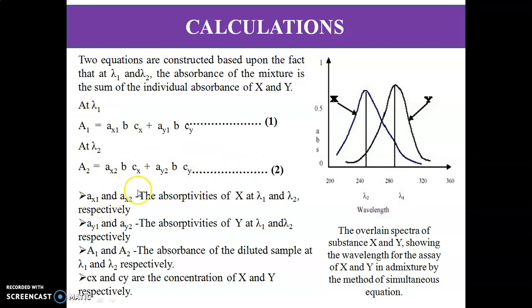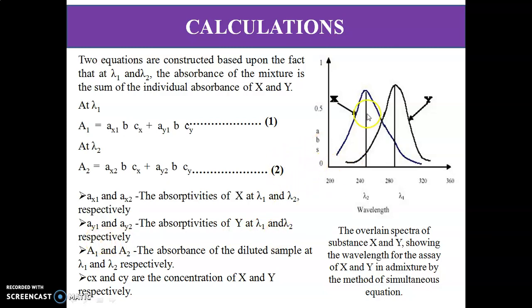So AX1 and AX2 are the absorptivities of the X sample at lambda 1 and lambda 2 respectively, whereas AY1 and AY2 are the absorptivities of the Y sample at lambda 1 and lambda 2 respectively.